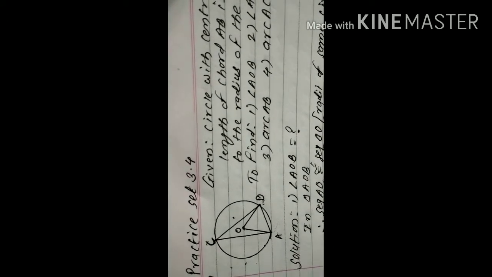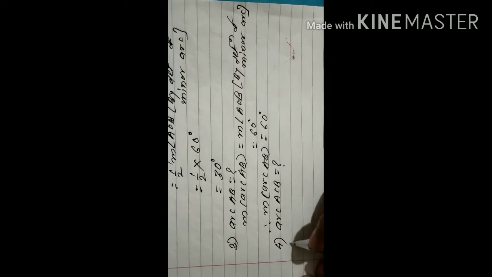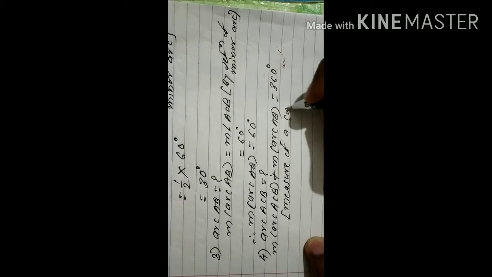Sum of both arcs is 360 degrees. Therefore, measure of arc ACB plus measure of arc AB is equal to 360 degrees, the measure of a complete circle.